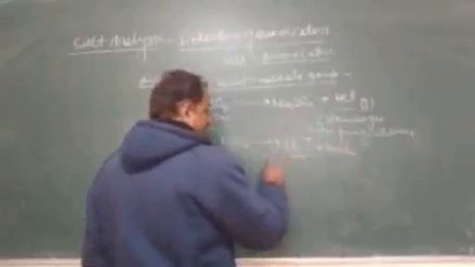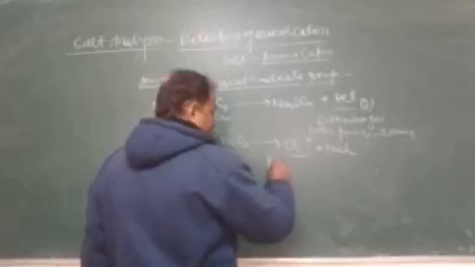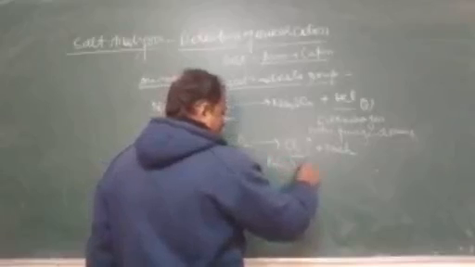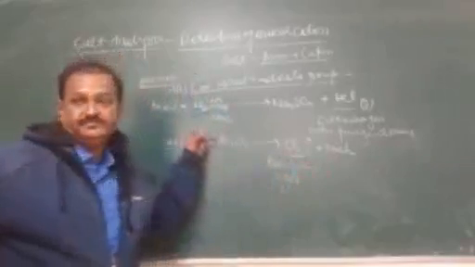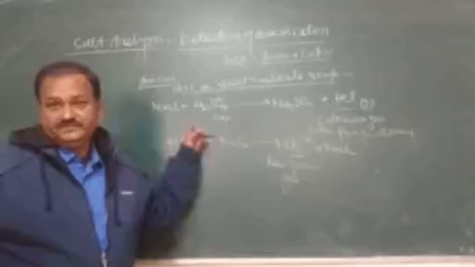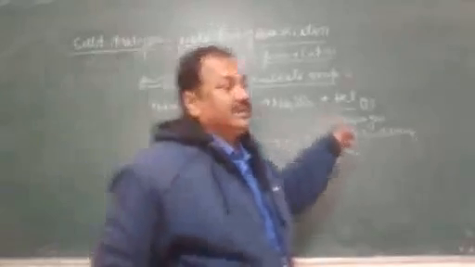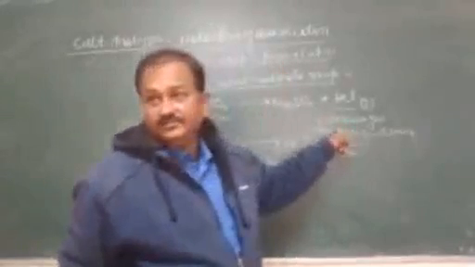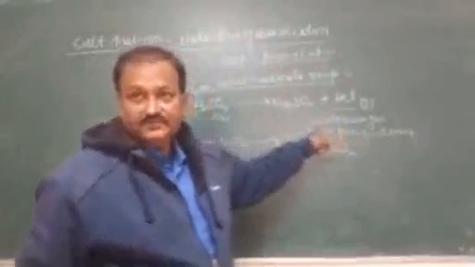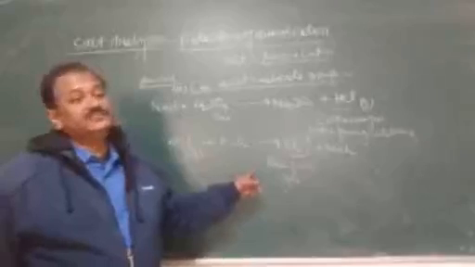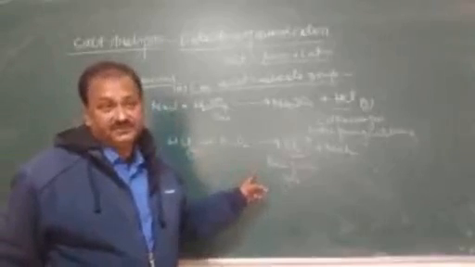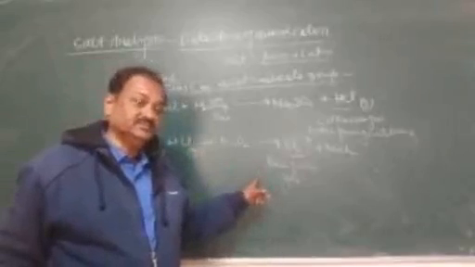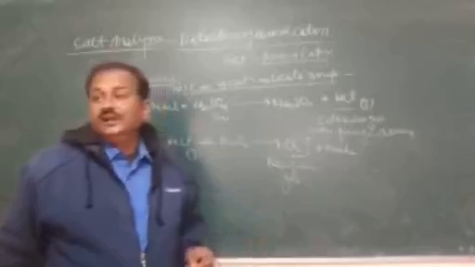Here it is a pale green gas in the same test tube. So here it is the presence of chloride, and here it is the confirmation. This is one confirmation. Similarly, you can do other tests.